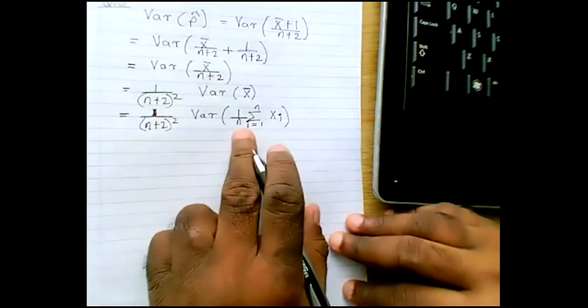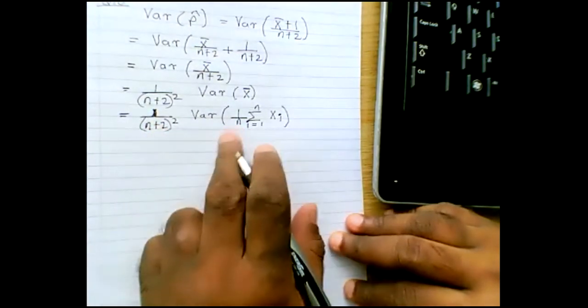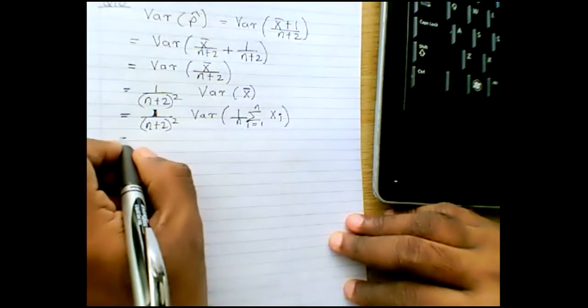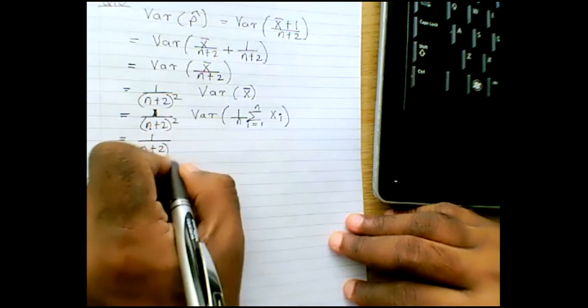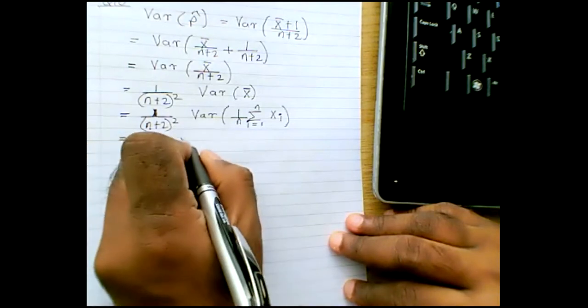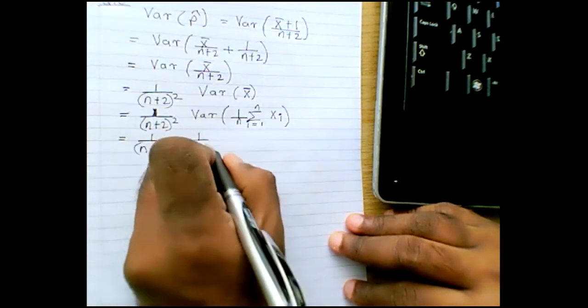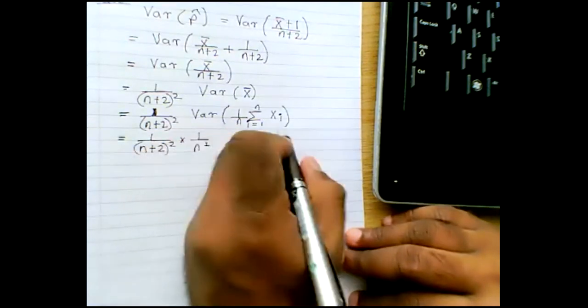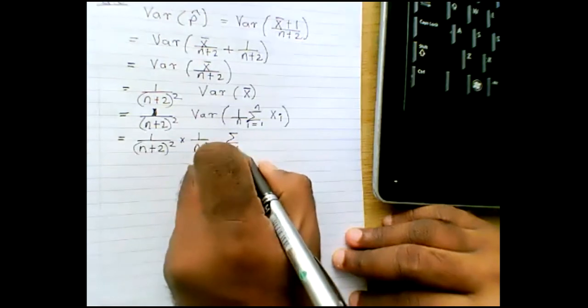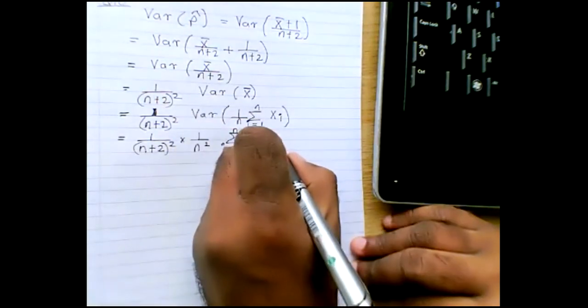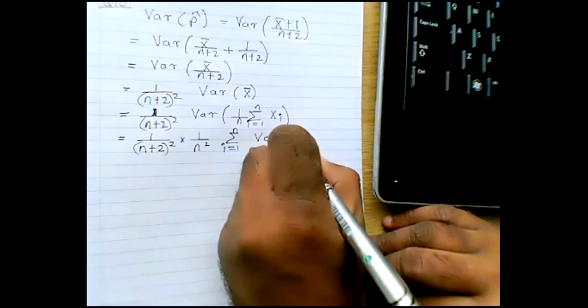Now, if you pull the n outside of the bracket, you need to square it one more time, so it becomes times 1 over n squared. And taking the variance inside the summation, you get this.